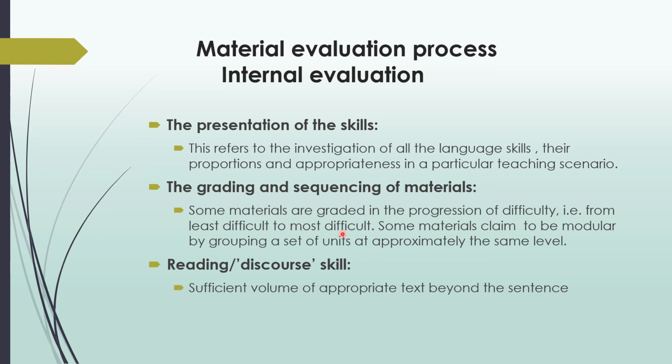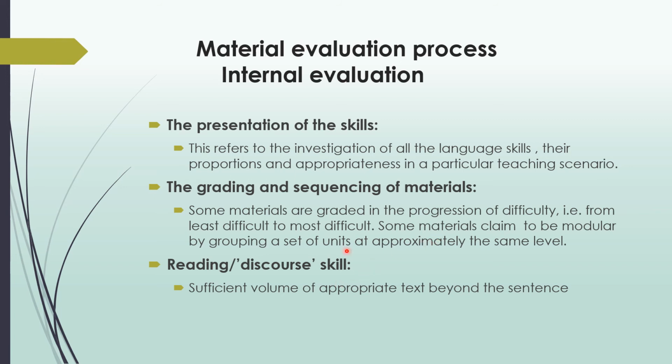Some materials are graded in the progression of difficulty, that is from least difficult to most difficult. Some materials claim to be modular by grouping a set of units at approximately the same level. So first we should look at whether it is graded or not in the progression of difficulty, from the least difficult to the most difficult one.